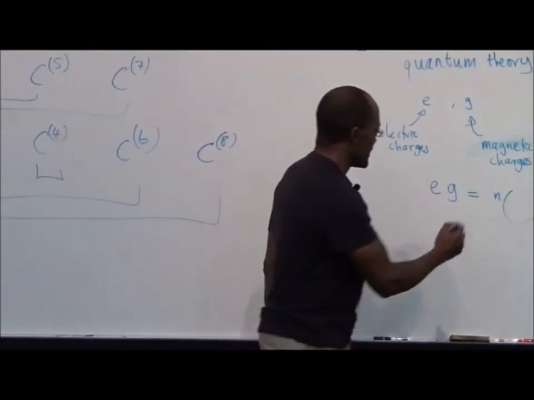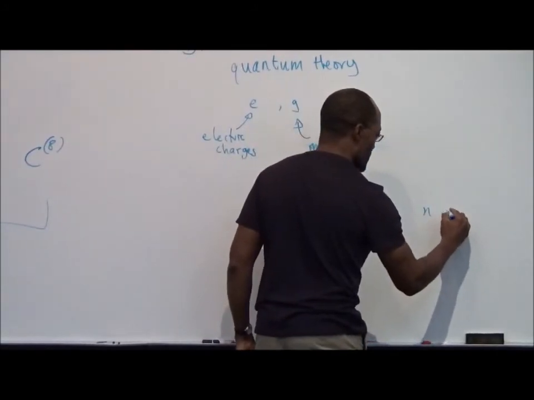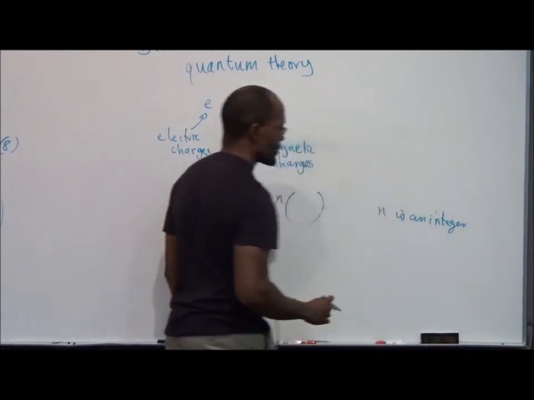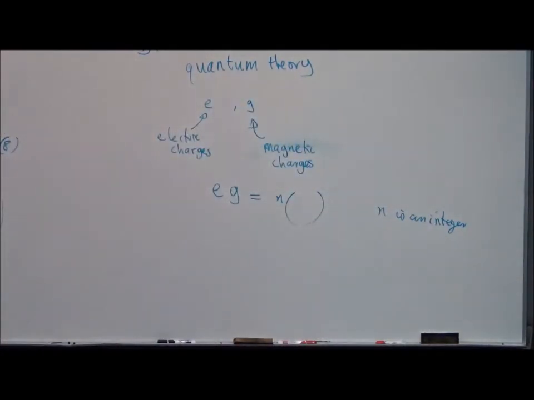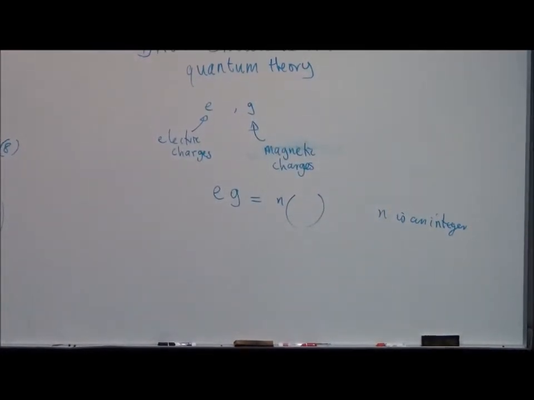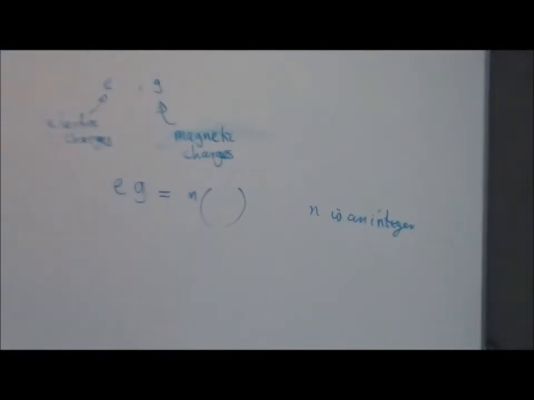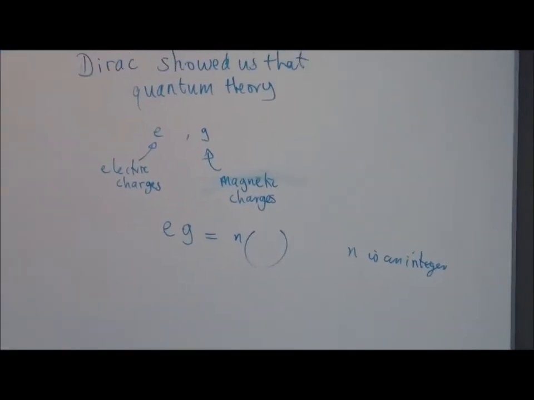Yeah. Okay. And then n is an integer. Okay. And good. So we don't worry about that a lot in everyday life because we haven't found a magnetic monopole, right? But if we did, Dirac tells us that its charge had better satisfy this.